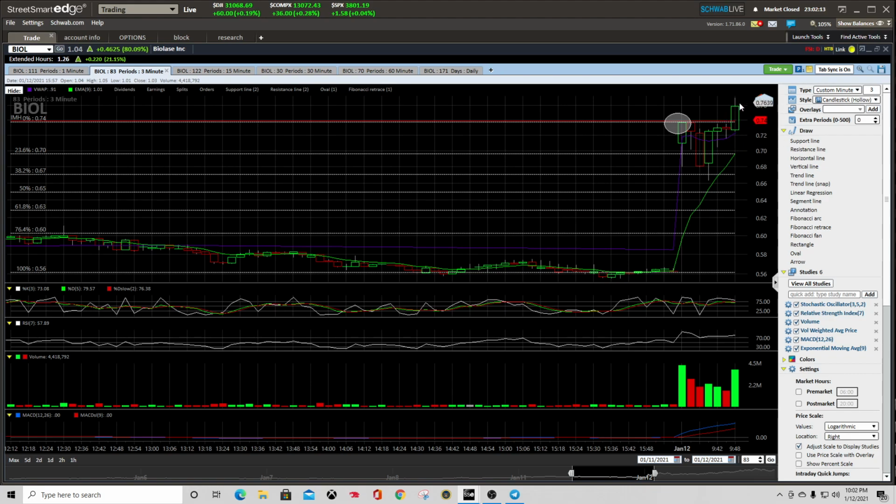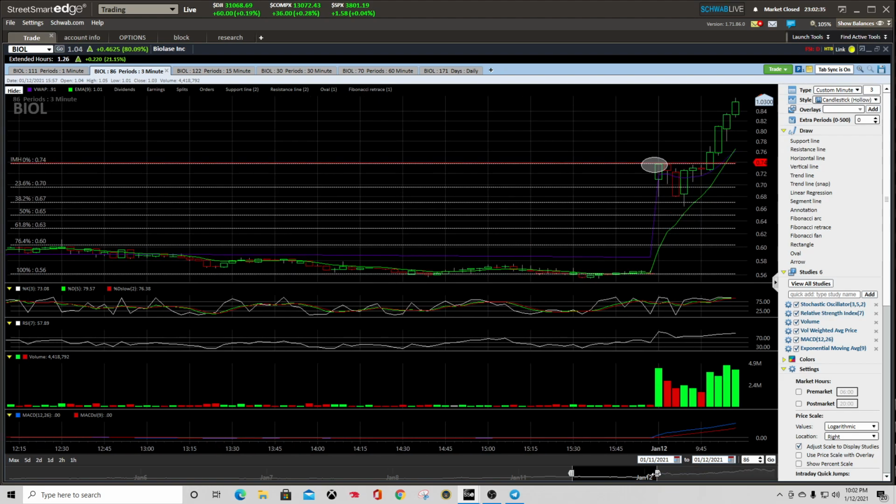You let it break. If you're an aggressive trader you could enter, but you're taking on more risk. If you enter here, you have to risk down to this 0.70 area, the low of day, which would actually be better because it could come down, test the low of day, put in a double bottom, and then shoot back up. But let's continue with the day.